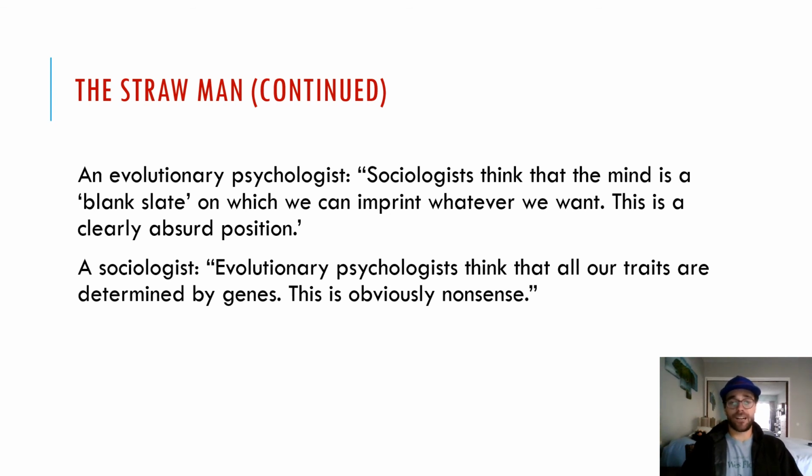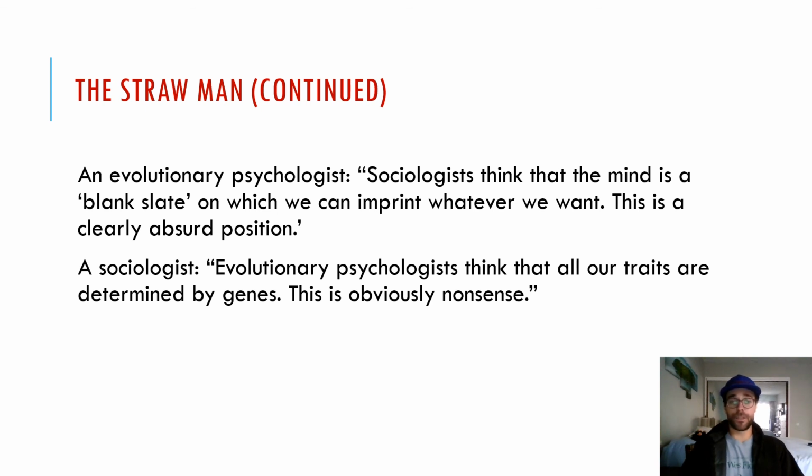An evolutionary psychologist might say that sociologists think that the mind is a blank slate on which we can imprint whatever we want. This is a clearly absurd position. While the sociologist might say that an evolutionary psychologist thinks that all our traits are determined by genes. This is obviously nonsense. But both of these positions are nonsense because they both misrepresent the particular group they're talking about.